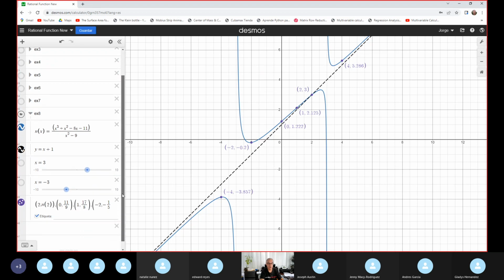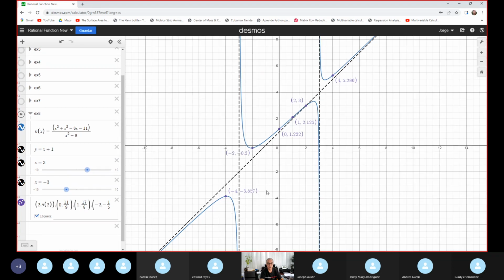Now the rest. We have the two vertical asymptotes, look at that, at 3 and -3. You select some points, plug them into the original function, and plot that, and you obtain 1, 2, 3, 4, 5 points.